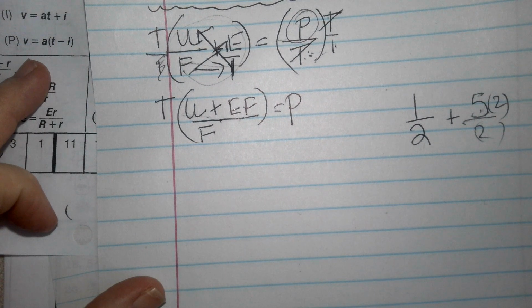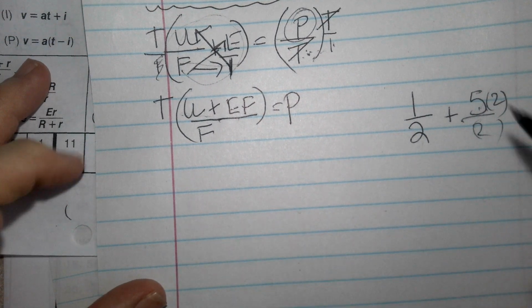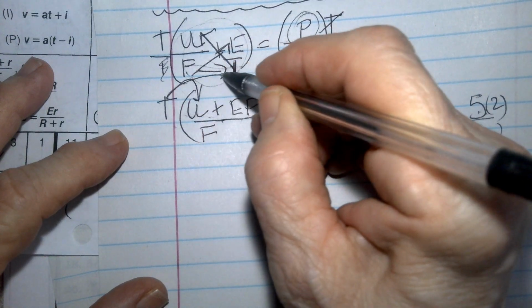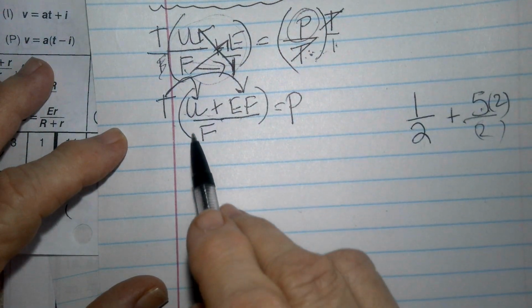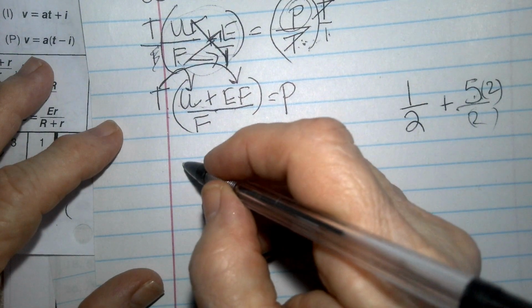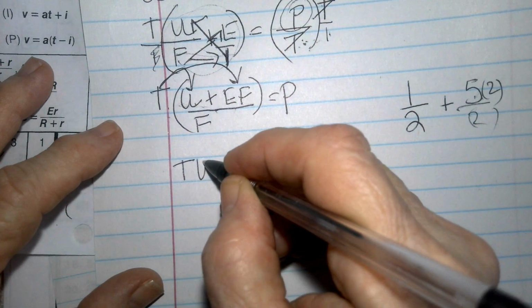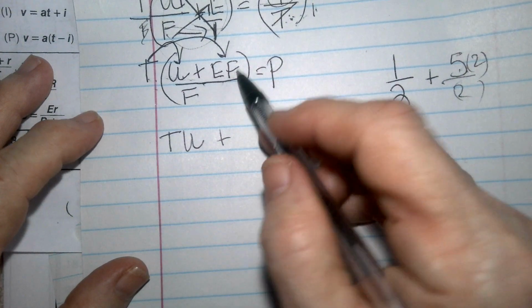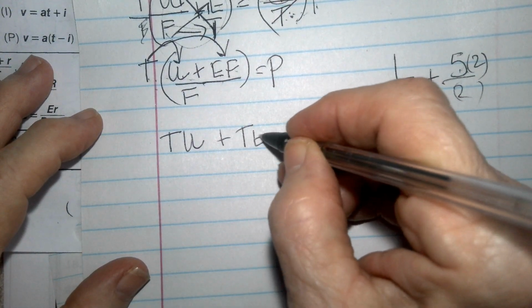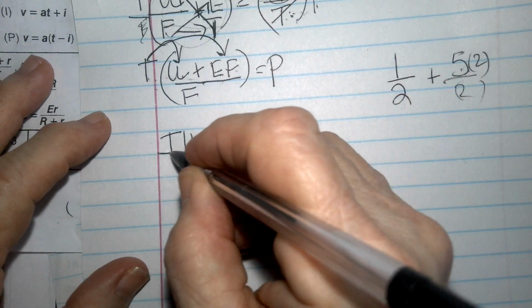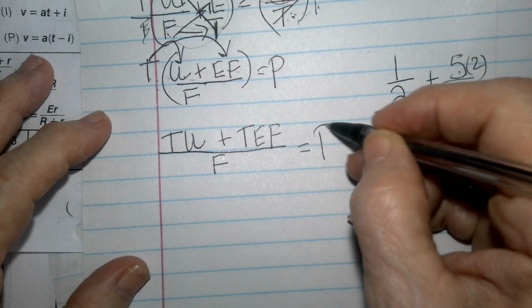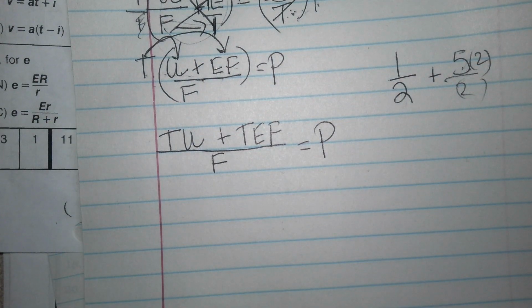I'll give you time to process this out. And then the last thing is to distribute. So T times U is TU plus T times EF is TEF over F. And if I don't see that answer, I'm going to feel really bad because then I don't know what to do.